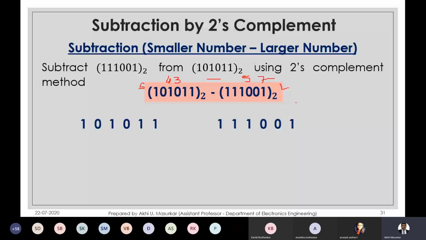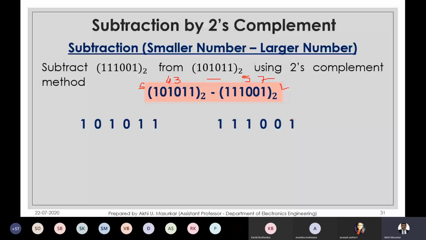Okay, so people are posting. Let's see how they have got this. Common answer I can see is 0000111. Good, Shruti, Mitali. Great. So this is the 1's complement.